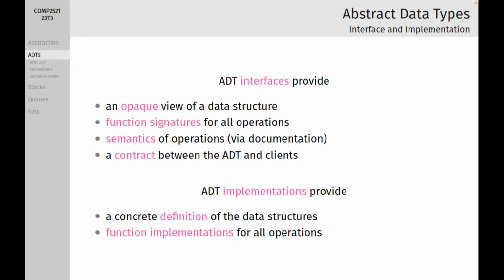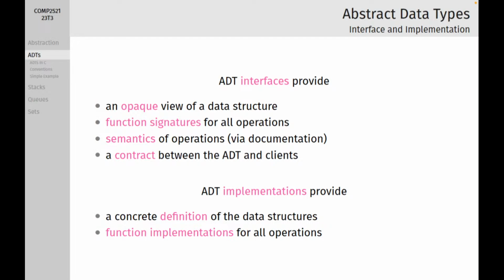And since the user of the ADT can't see the implementation, it's really important that the documentation is detailed enough that the user knows how to use the ADT. Because if the documentation isn't clear enough, then users could get confused as to what the ADT is actually doing.